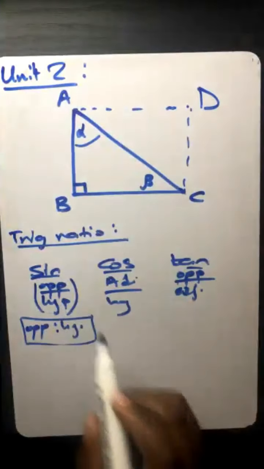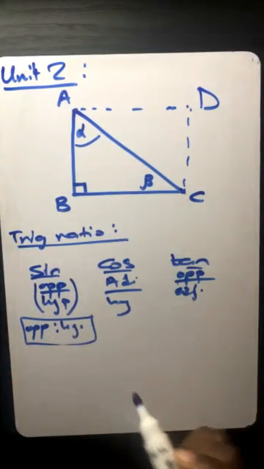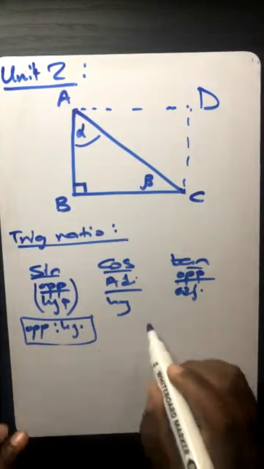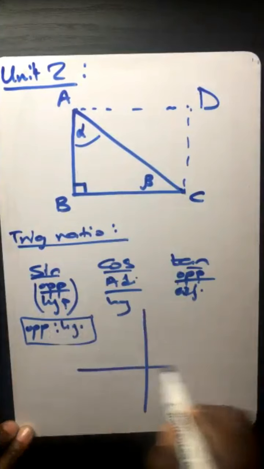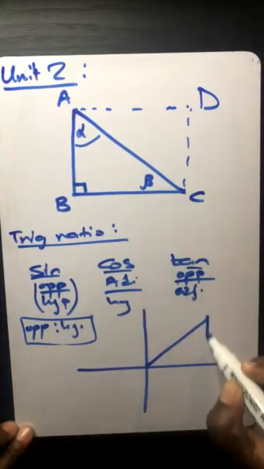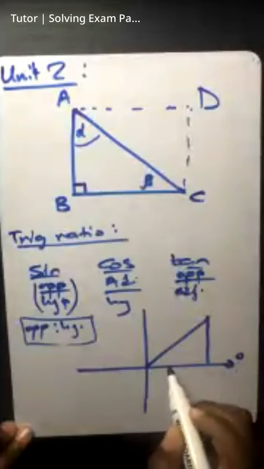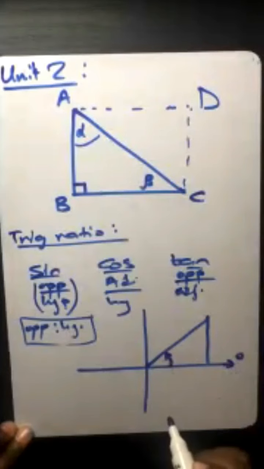So the reason why these ratios can be represented as x and y is because on a Cartesian plane, remember we said if we draw it from the first quadrant, for example, the angle formed is from this zero line in an anti-clockwise direction.